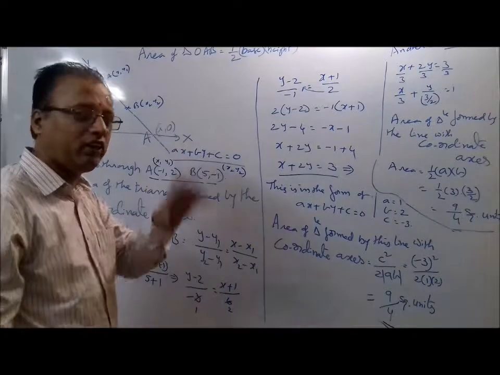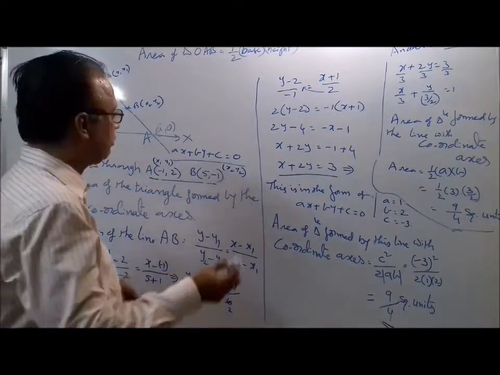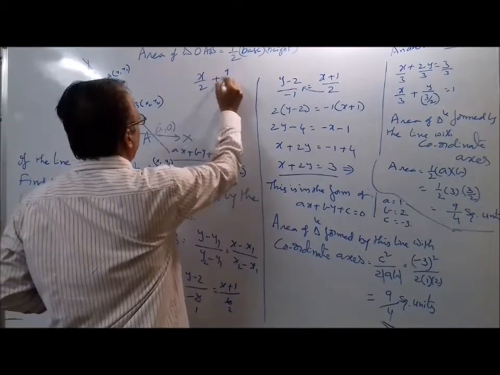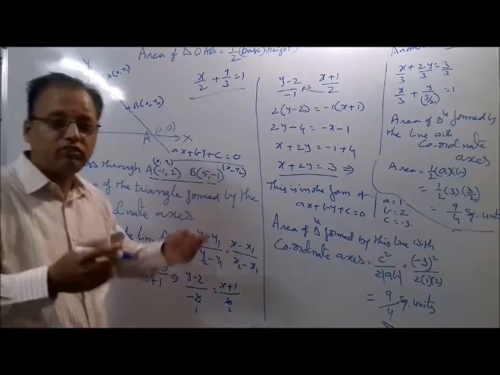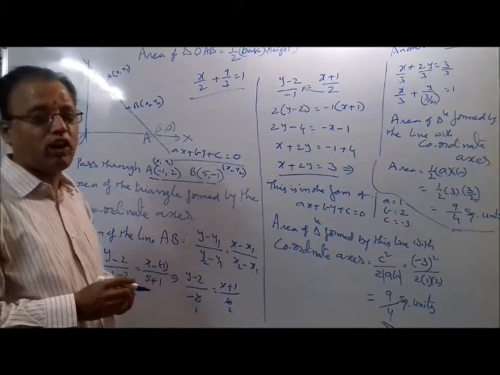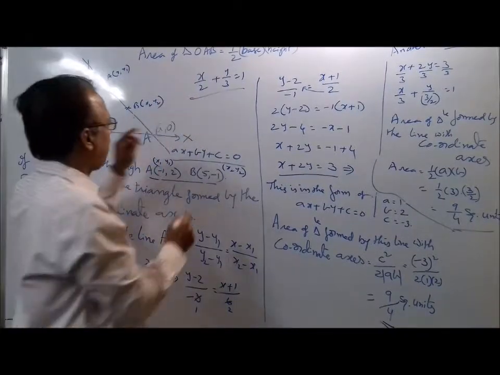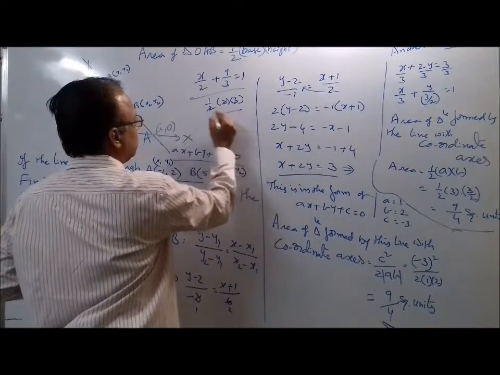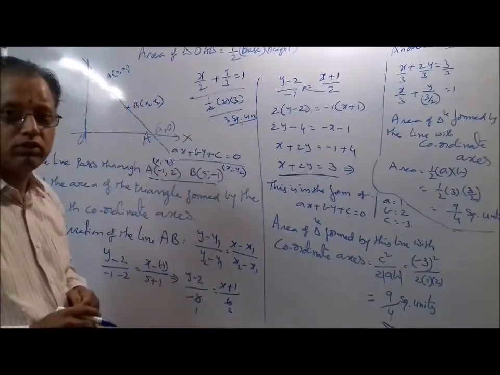Suppose he has given you the x-intercept and y-intercept. Suppose the area of the triangle formed by this line x by 2 plus y by 3 is equal to 1, with the coordinate axis is asked. It means half base into height, half 2 into 3, so 3 square units.